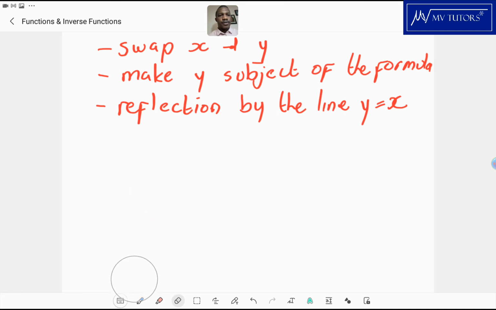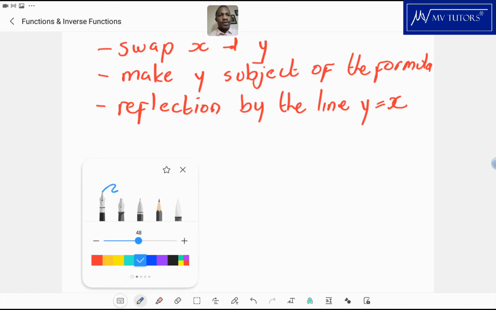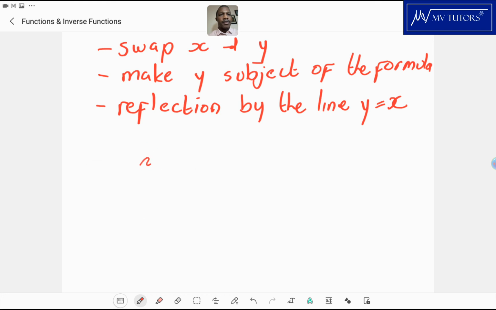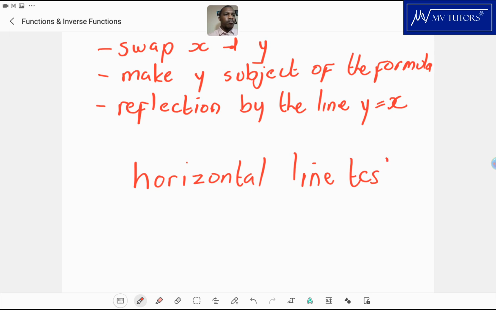Okay, so now we can talk about the horizontal line test.